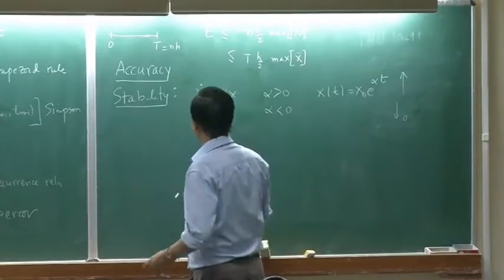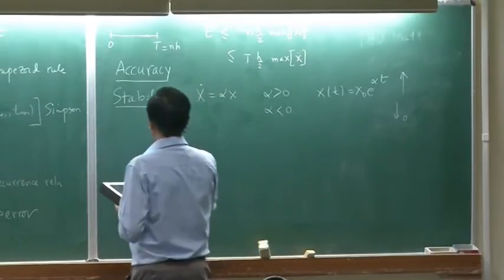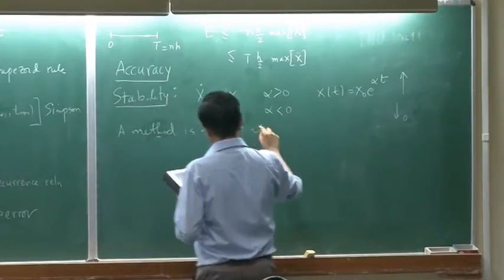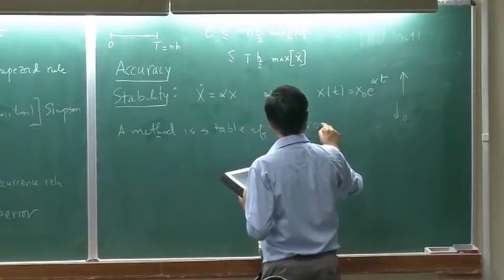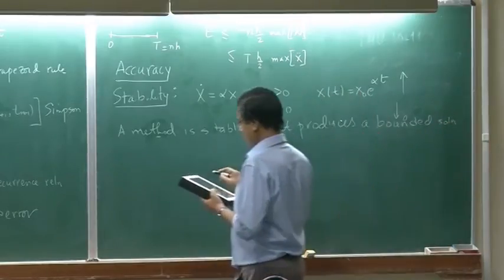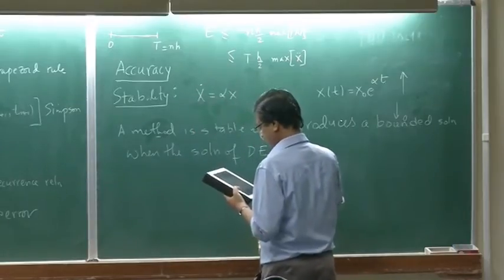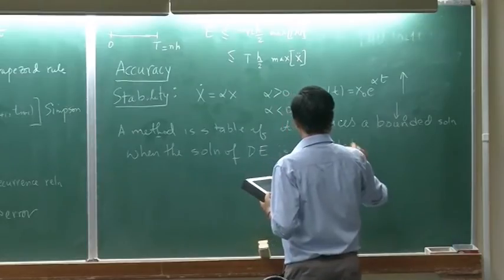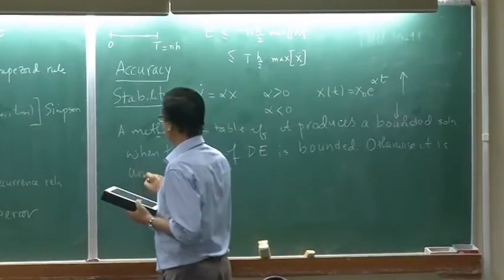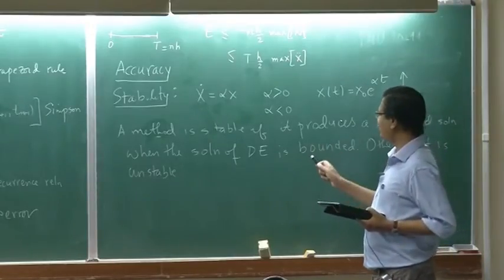So what is unstable for a computer scheme? Let me just write it down. A method is stable if it produces a bounded solution when the solution of the differential equation is bounded.